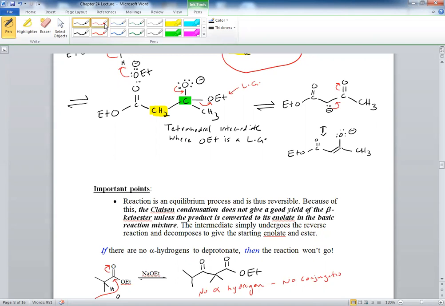So I'm going to just draw it here. So this can come down. This can go. And that can go. So this actually drives the equilibrium and makes the reaction yield the product.